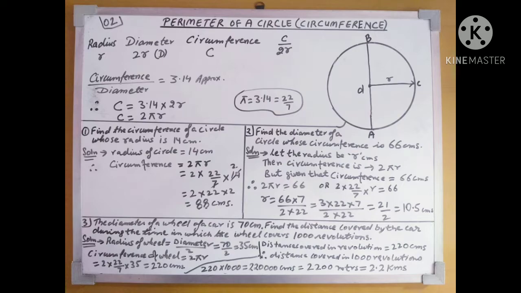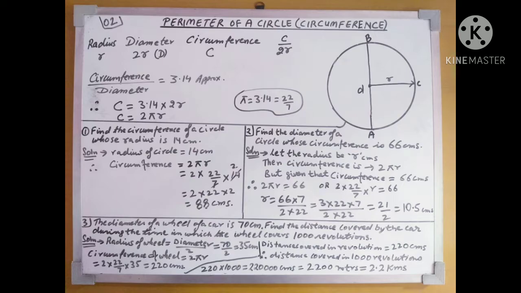Now, in one revolution, the wheel will cover a distance equal to the circumference. That is, the distance covered by the wheel in one revolution will be 220 centimeters. Therefore, the distance covered by the wheel in 1000 revolutions will be 220 into 1000, that is 2, 2 and 4 zeros, right?